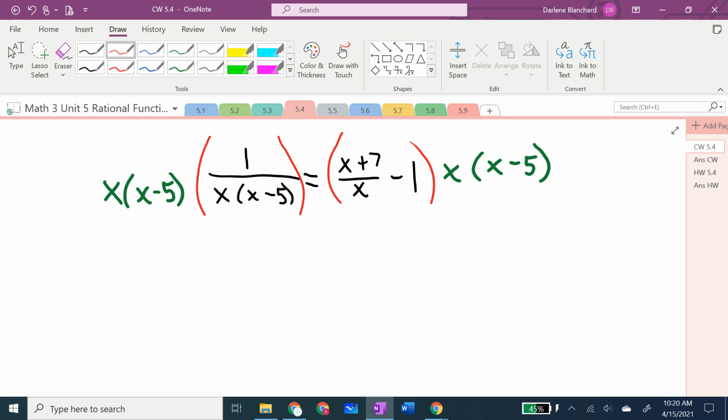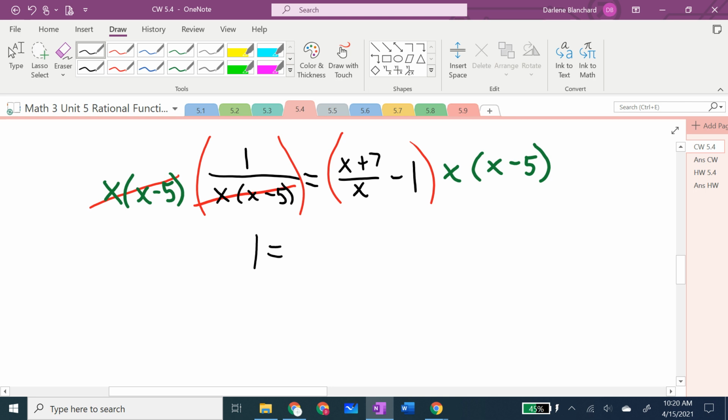Kill the algebra, kill the algebra! Did you guys see that? Did you see it? Did it make you happy? Because it always makes me happy when I get rid of a whole bunch of stuff. It's just pretty.